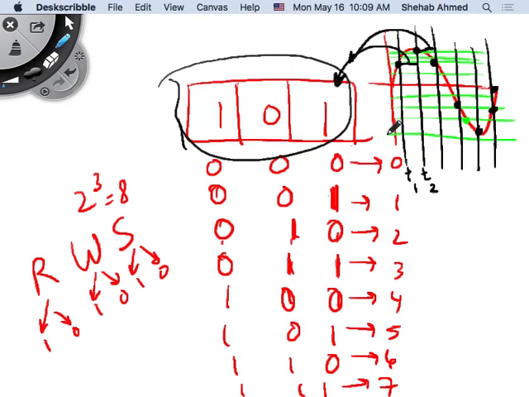So let's say the lowest point represents 0, and the highest point represents 7. So the computer can see 0, 1, 2, 3, 4, 5, 6, 7. It can see these 7 levels of signal magnitude only at discrete periods of time, right?